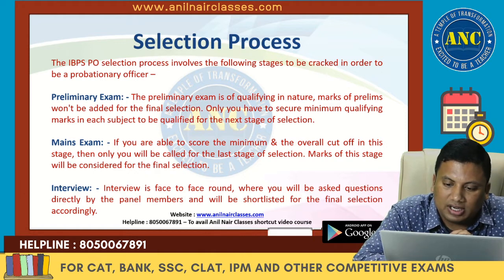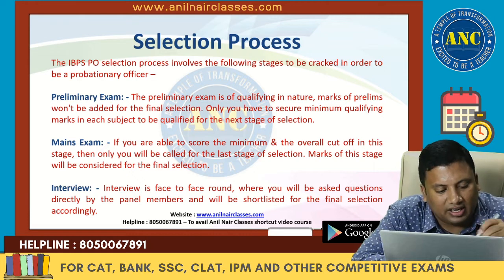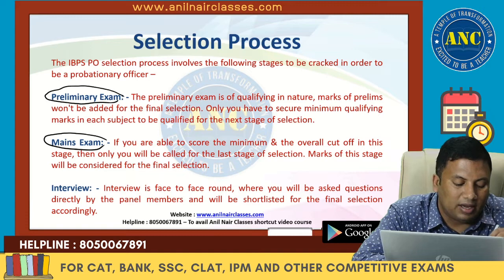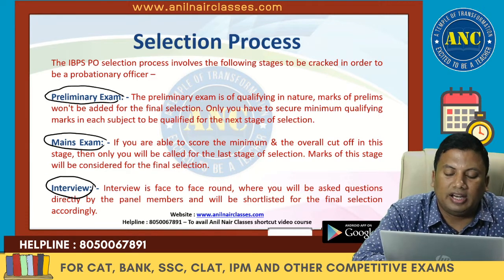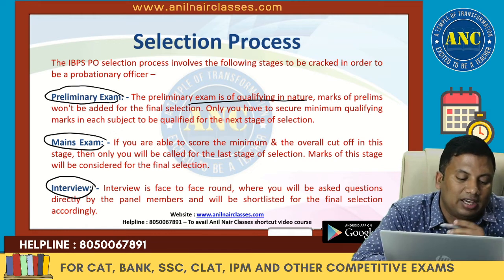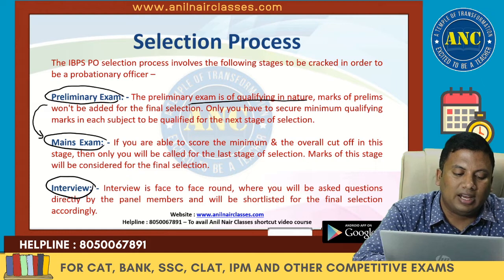Now let us look into the selection process. Extremely important slide. As I told you in the first slide, the selection process is divided into 3 steps: one is the preliminary exam, another is the mains exam, followed by the interview. The preliminary exam is qualifying in nature. Only if you qualify in preliminary will you get into the main examination.